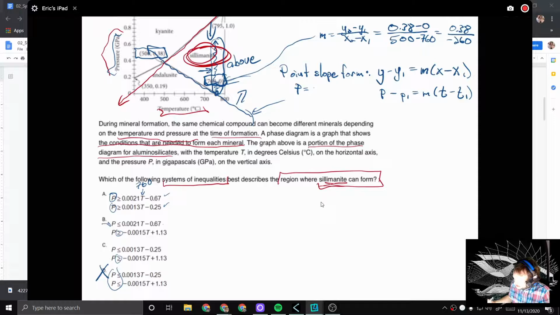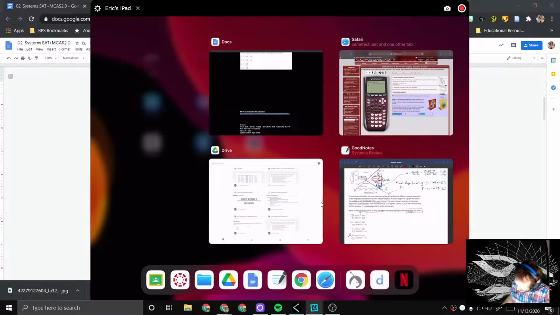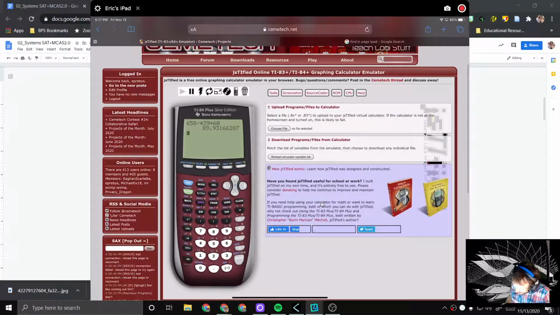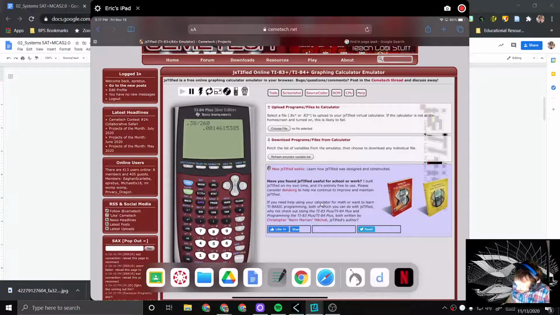So we get our slope of 0.38 over negative 260, which is negative .0015.